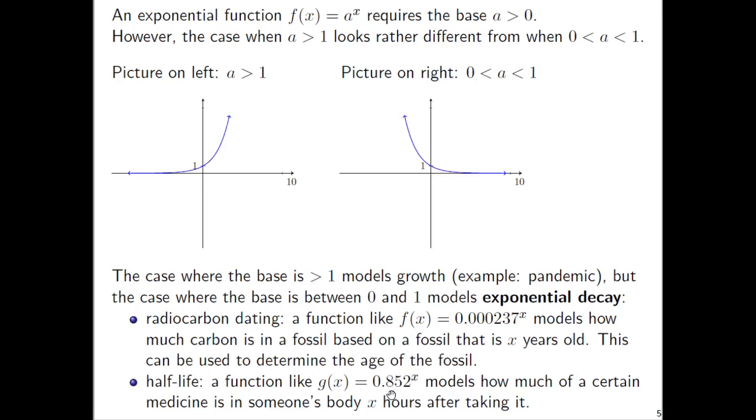So for a function like this, again, the base has to be between 0 and 1. How about the base being 0.852? That number as the base raised to the x power models how much of a certain medicine is in someone's body x hours after they take the medicine. And this is very important.